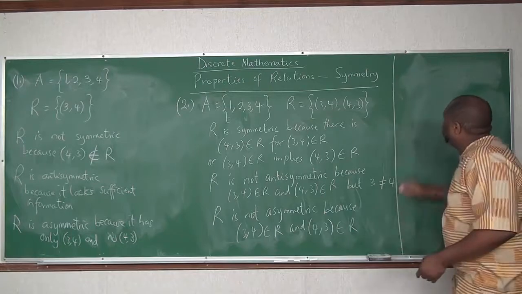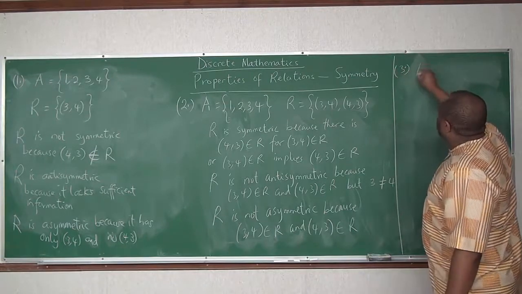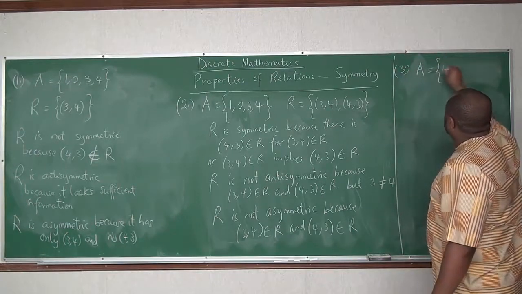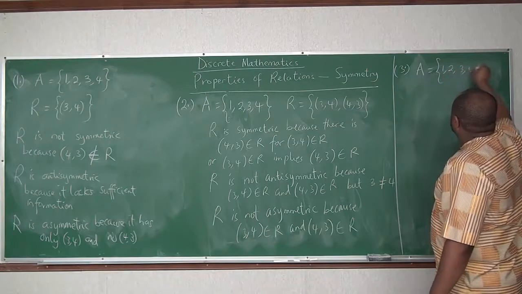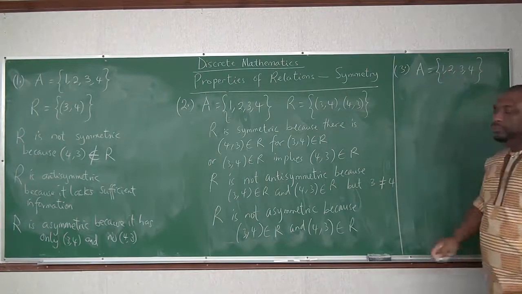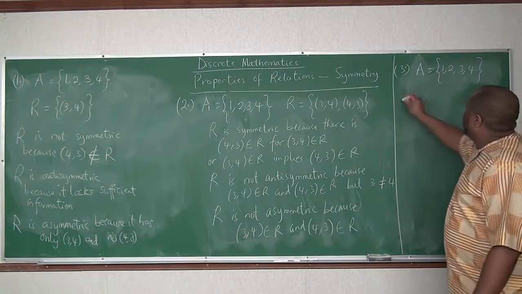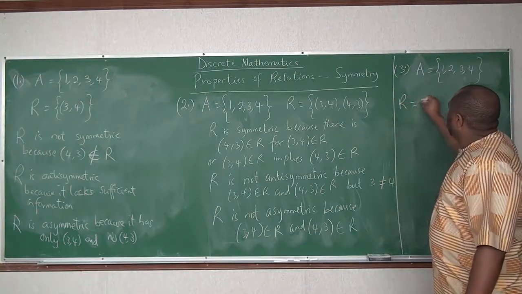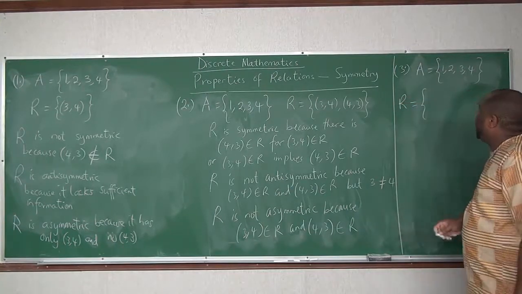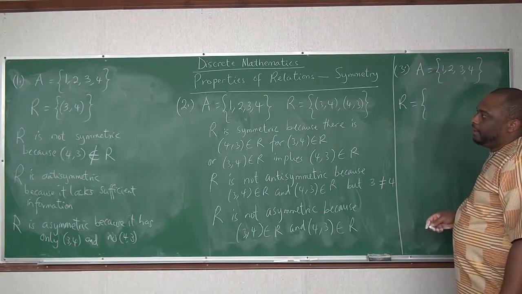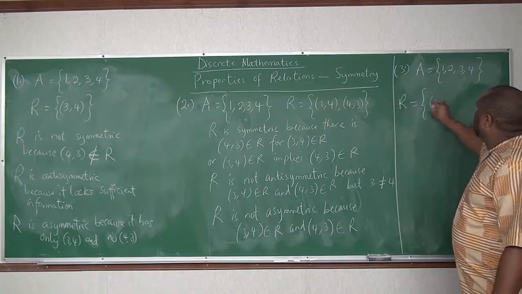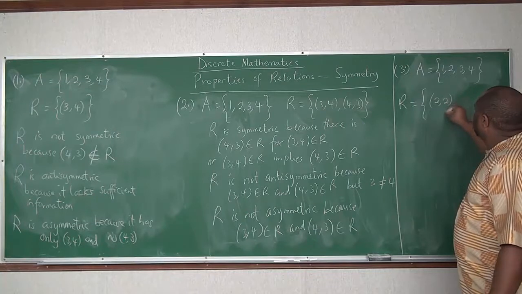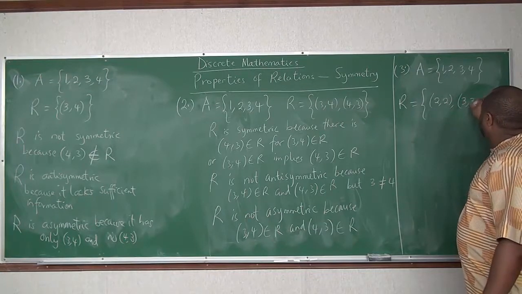Now, what if we have number 3? Let's say we have set A to be 1, 2, 3, 4, and we have the relation to be 2, 2, 3, 3, and 3, 4.